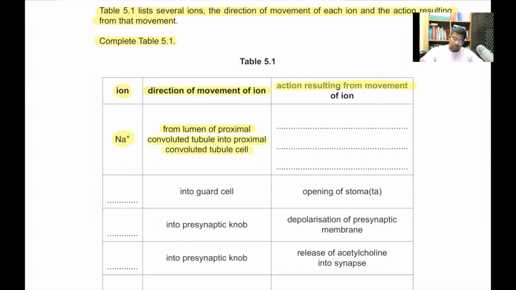Action resulting from the movement of the ion: when sodium ions move from the proximal convoluted tubule into the cell, it co-transports glucose and amino acid.